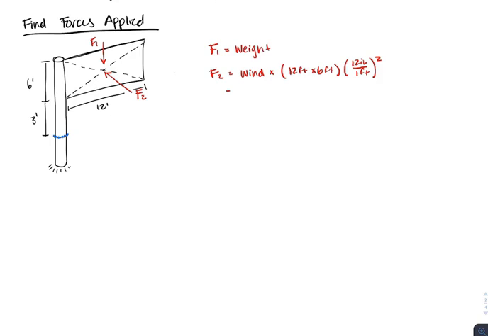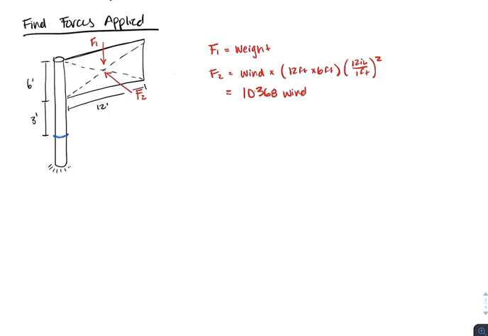So we know that F2 is just going to be equal to this value, 10368 times wind. So the value we're trying to find is F1 and then technically F2, but we're trying to find wind specifically.